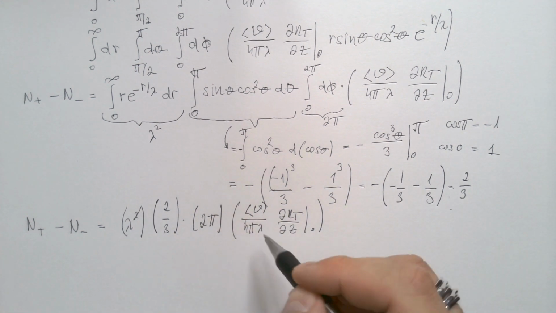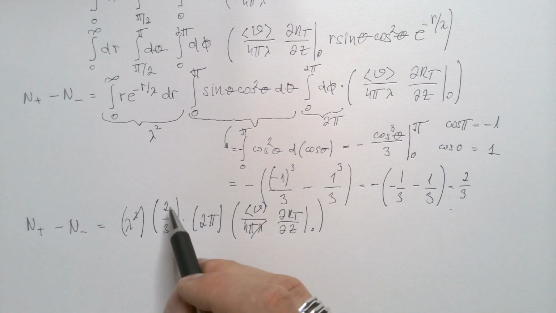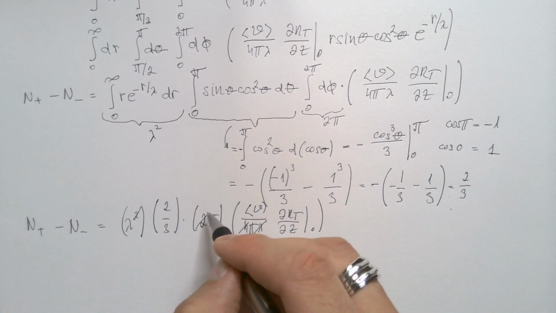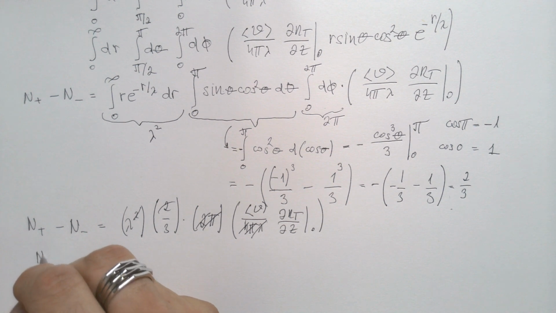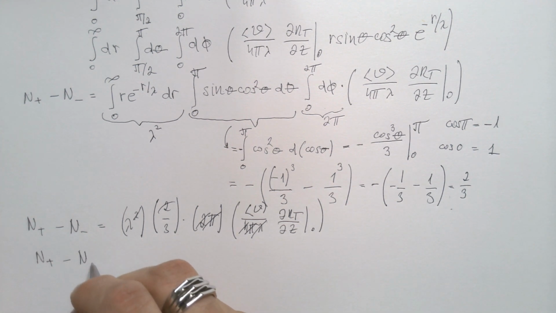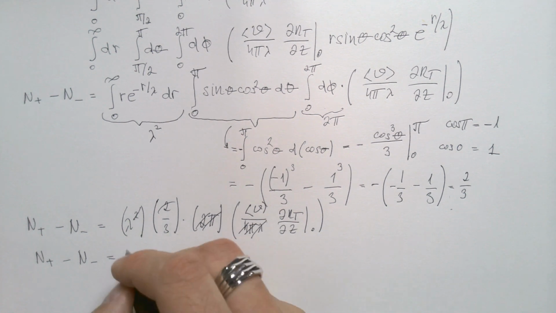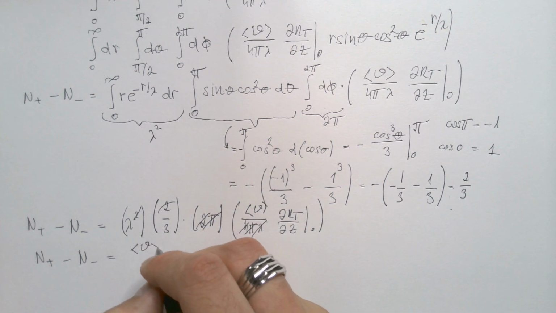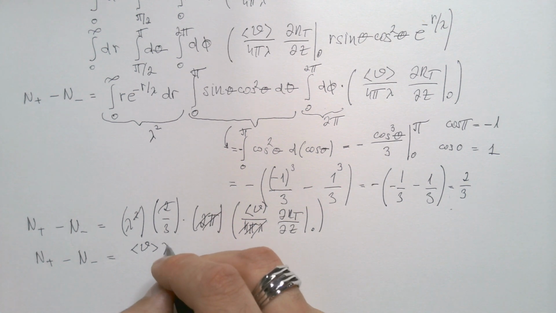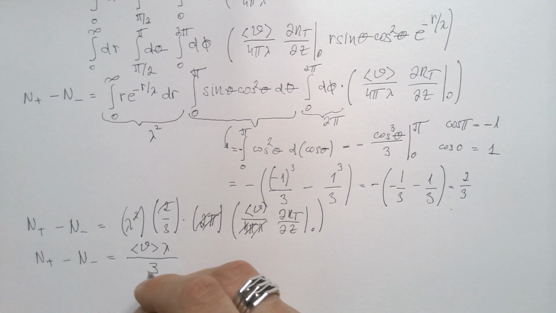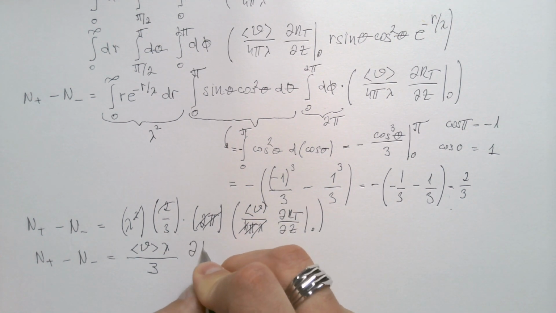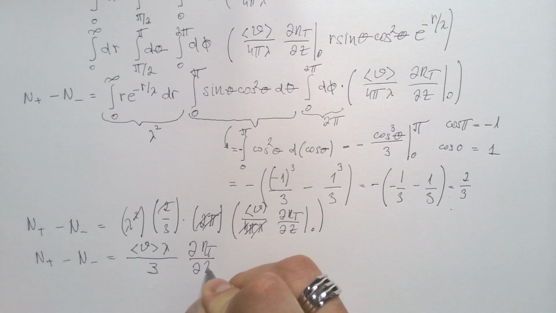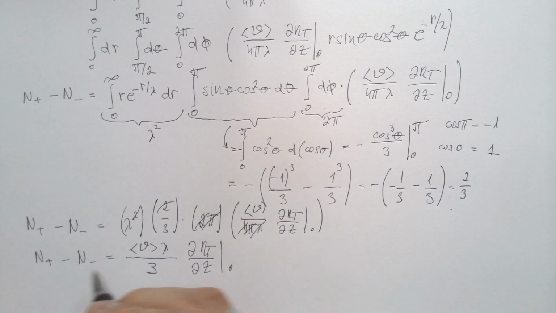Notice that this lambda squared and this lambda will cancel. 2 times 2 is 4, will cancel with this 4. Pi and pi will further cancel. And we will get that n positive minus n negative is equal to the mean speed of atoms times the mean free path of atoms divided by 3, this 3, times delta nt delta z evaluated at 0.